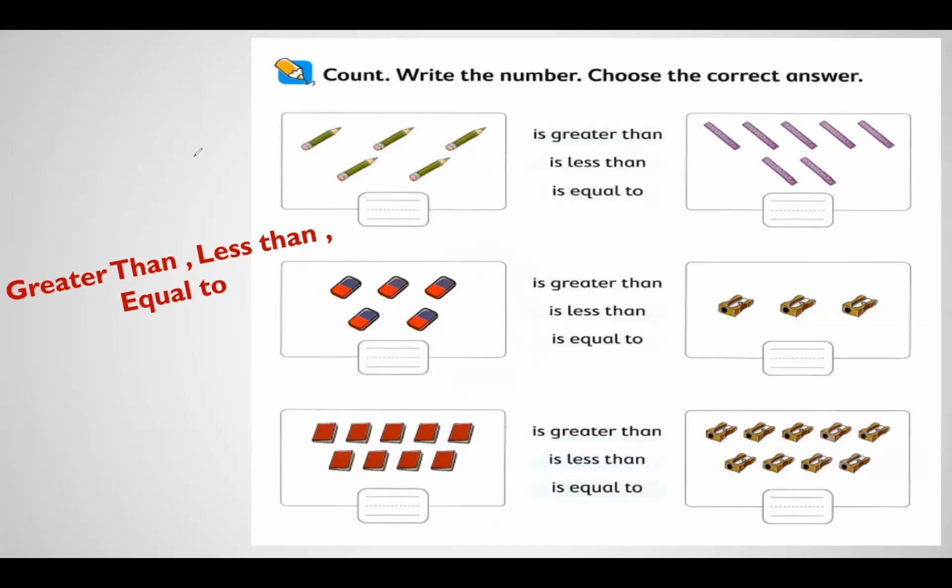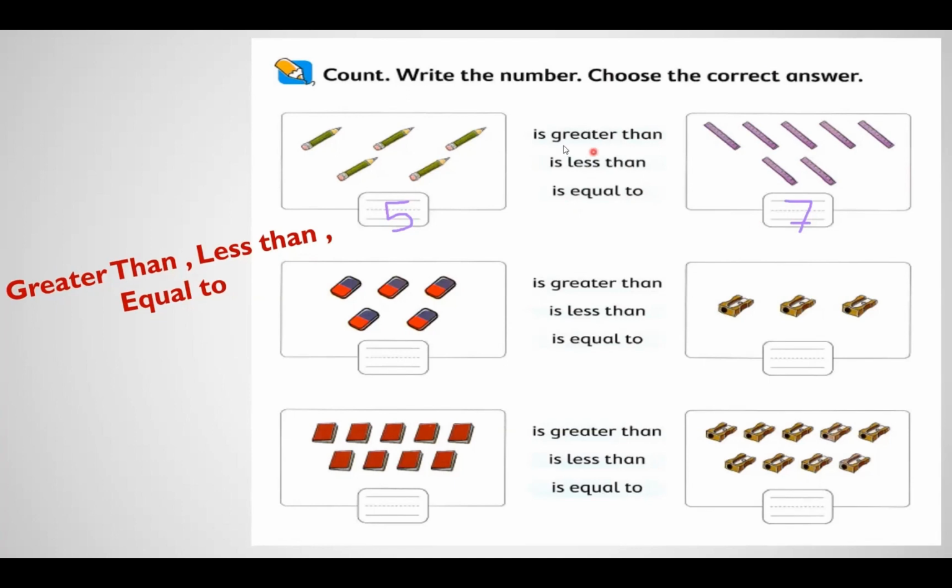Let's count the pencils on the left side here. 1, 2, 3, 4, and 5. So here put number 5. What about the rulers? 1, 2, 3, 4, 5, 6, and 7. They are 7. Now, number 5 is what? Is it greater than, less than, or equal to 7?